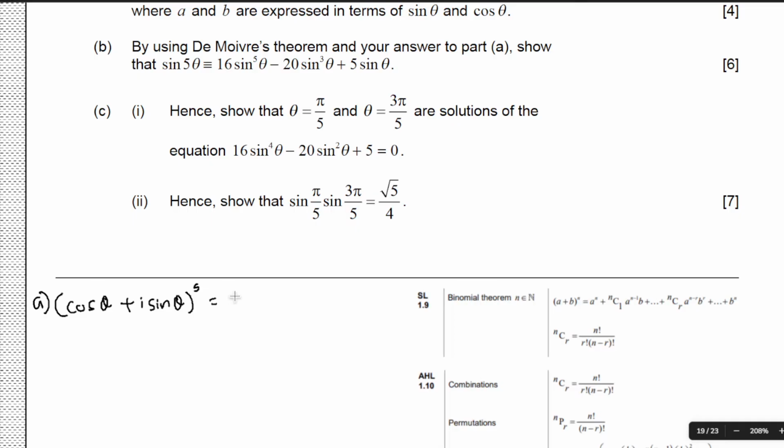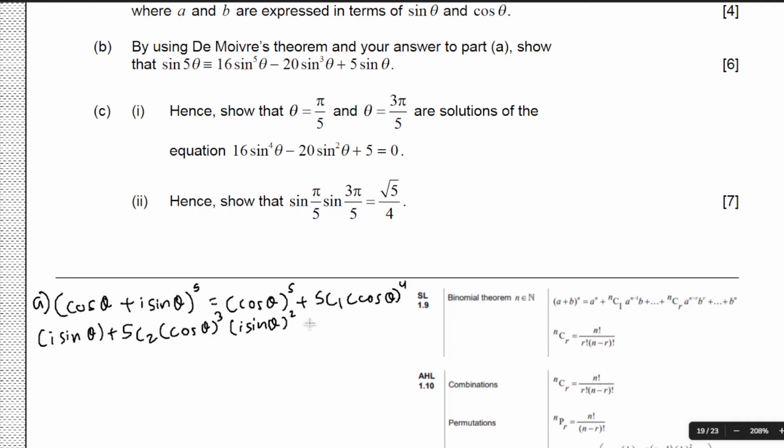So we do this: cos theta to the power n, which is 5, plus 5c1 cos theta to the power 4 times i sin theta, plus, and then we just decrease, so plus 5c2, and then decrease the power here by 1, which is cos theta to the power 3, and then increase the power here by 1, so we have (i sin theta) squared.